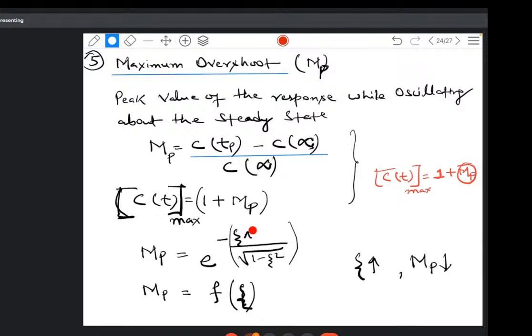You can see that the peak overshoot is just a function of zeta. And if you want to calculate the percentage overshoot, you have to multiply this by 100.